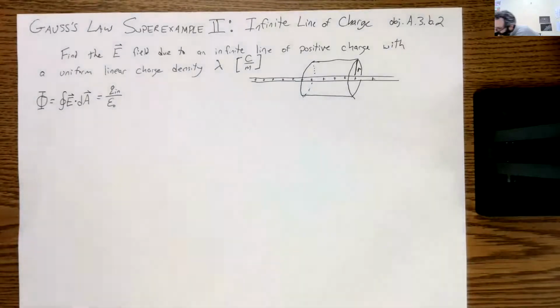Is the electric field for the infinite line of charge going to depend on how far away we are from it? Is it going to depend on r? Sorry, I was writing the question.